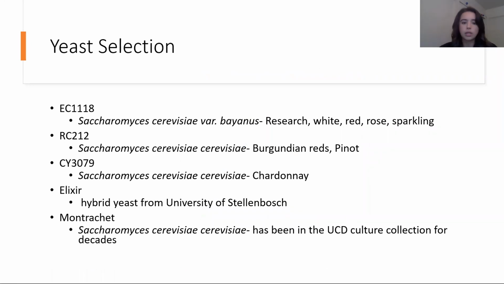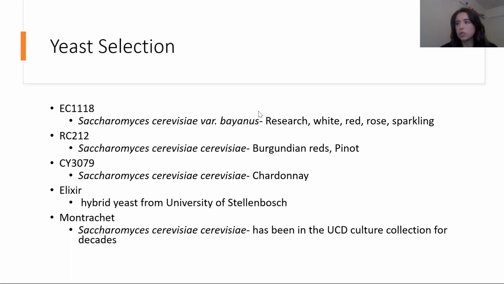So speaking of biomass, in terms of the yeast strains used, they were all chosen based on their use in industry and research, or for known characteristics that they present. So included were hybrids, ones used for Pinot Noir, Chardonnay, and others to ensure that there was a diversity in the strains used. The ones that were selected were EC11118, RC212, CY3079, Elixir, and Montrachet.